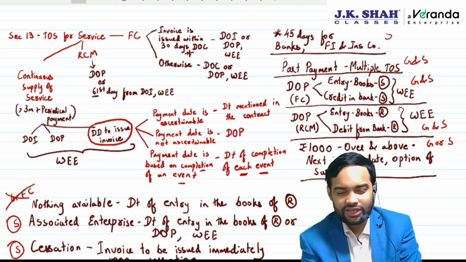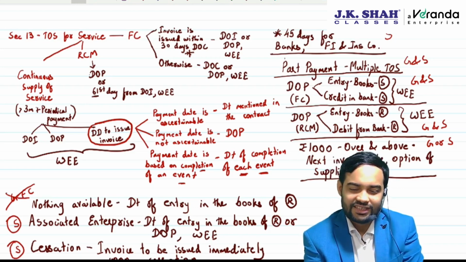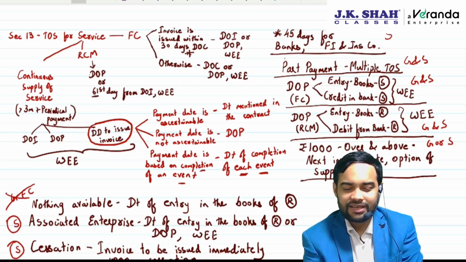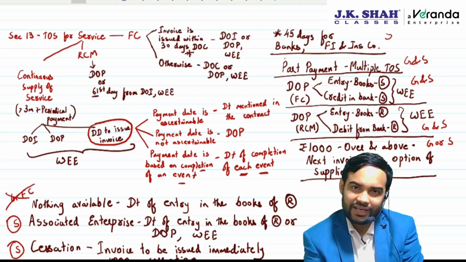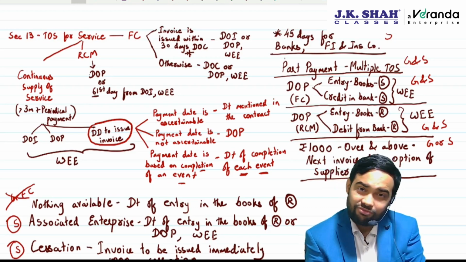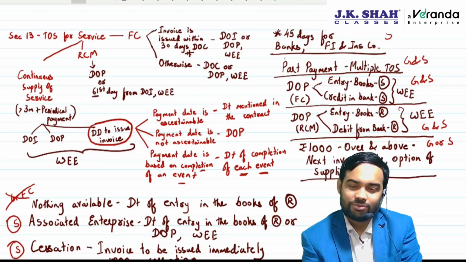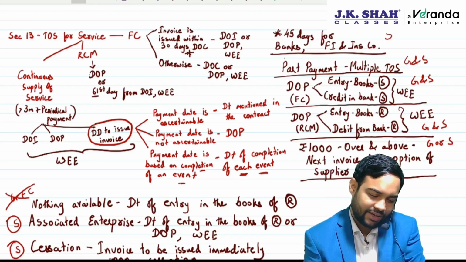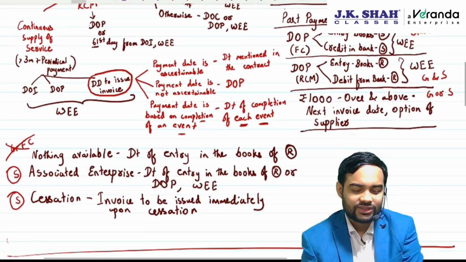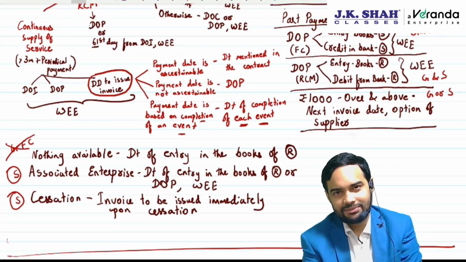Then some important points like 45 days, part payment, multiple time of supply, date of payment definition, date of receipt of payment definition, 1000 if the excess payment is up to 1000 over and above the invoice, then next invoice date at the option of the supplier. Nothing available, you use entry in the books of recipient.